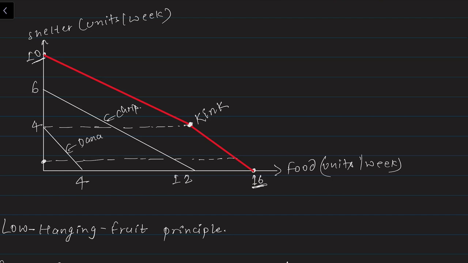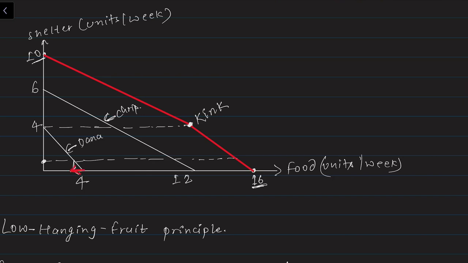Now let's increase the shelter production by a little bit. This is the PPC for Dana, and this is the PPC for Chris. Since Dana has the comparative advantage in the production of shelter, we want Dana to produce the shelter. If she produces the shelter by a little amount, she has to sacrifice the food exactly by this length, right? Let me write in a different color.